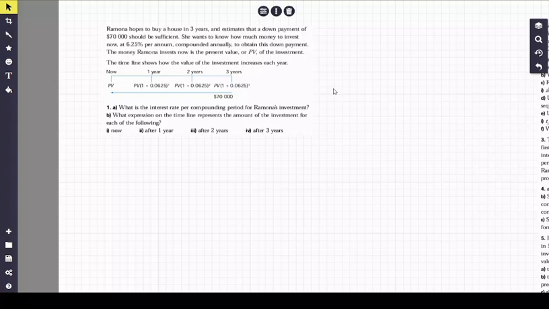So one of the very cool tricks that I see most math teachers, the day school teachers, do is this timeline thing. This timeline right now doesn't seem that big to you, but obviously at one point when we start talking about the future value, it's really clear this timeline is going to help you figure out which way you're going.